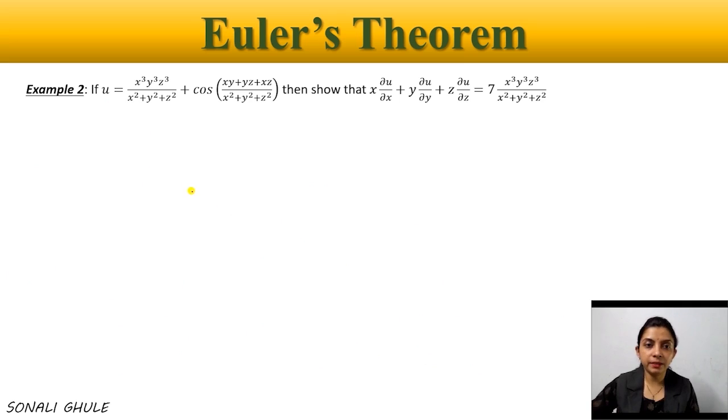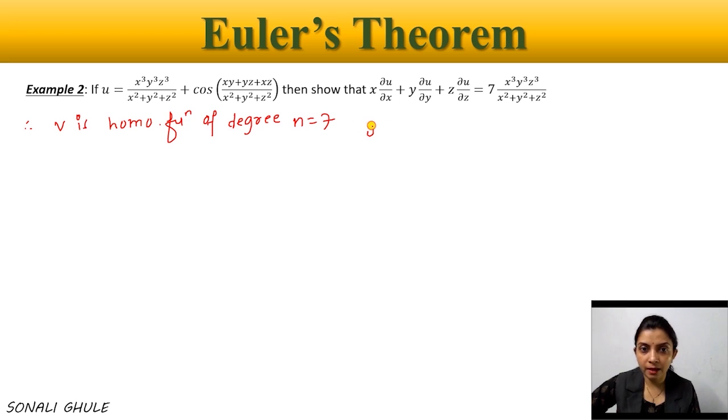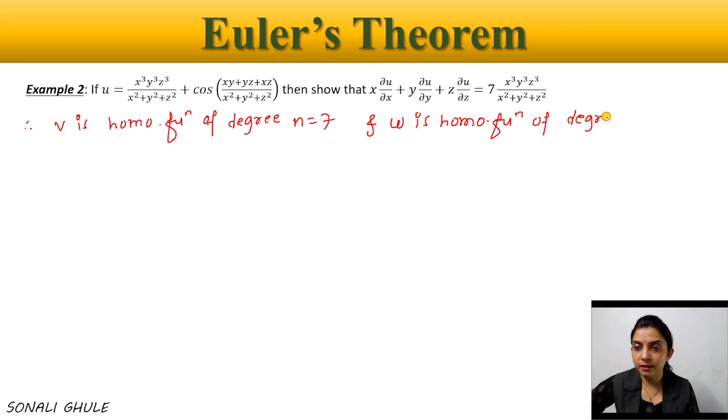So therefore here v is a homogeneous function of degree n equal to 7 and w is a homogeneous function of degree n equal to 0.